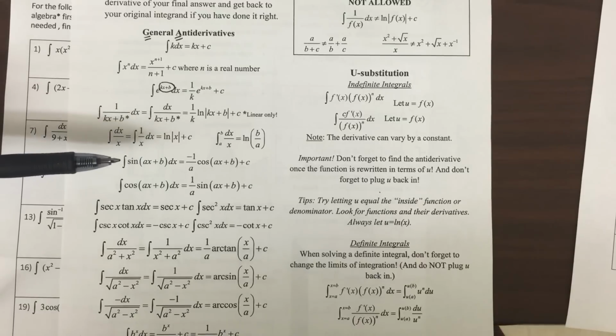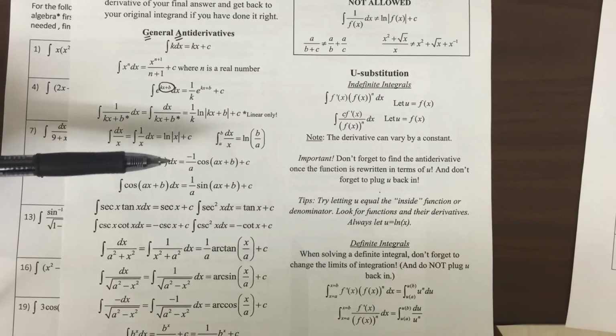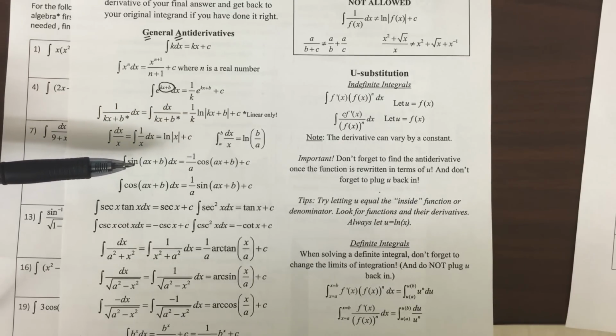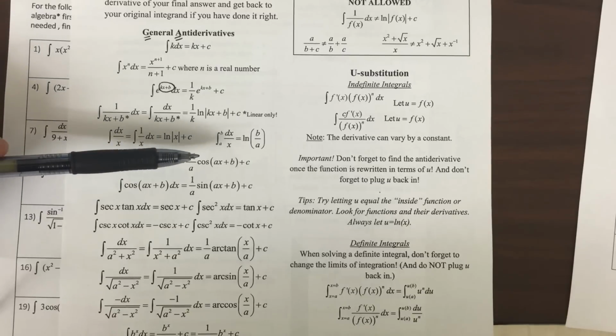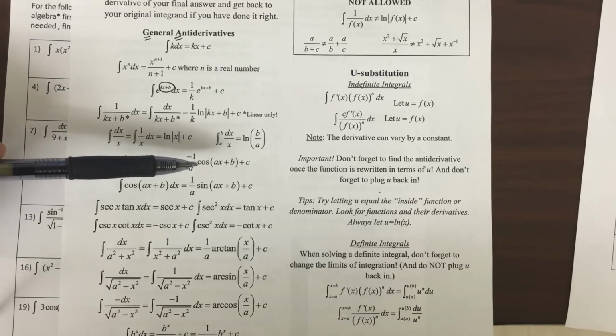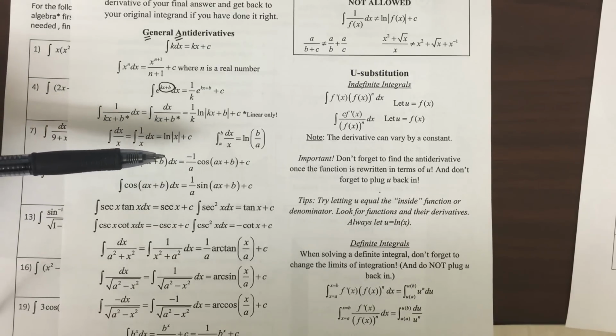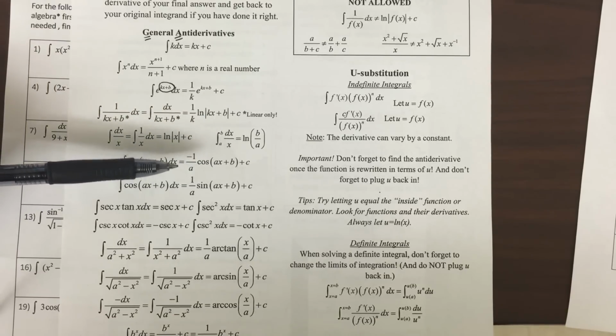Here is the antiderivative of the sine function. Sine has an input, ax plus b. So what's the trick to that? Well, the antiderivative of sine is cosine, and then leave everything alone, and also multiply it by 1 over the derivative of the inside, which is a.